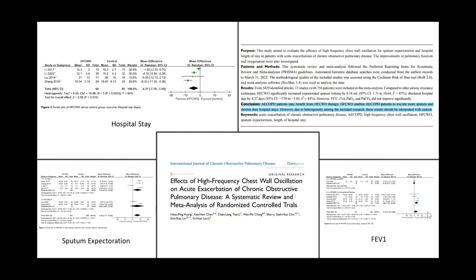However, the conclusion of this meta-analysis is that acute exacerbations of COPD may benefit from this therapy. It does produce more sputum and shorten hospital stay, but due to the heterogeneity of the research that was included, the results should be interpreted with caution.